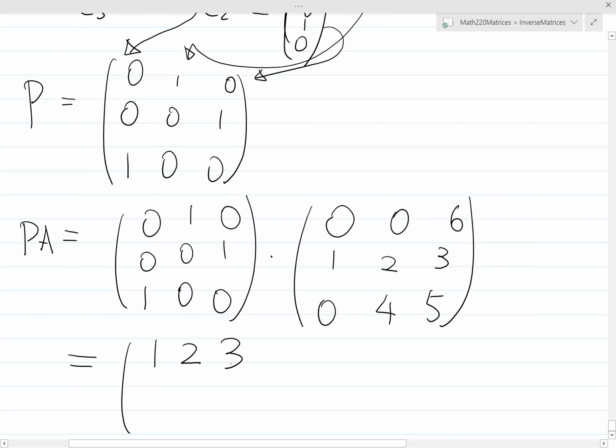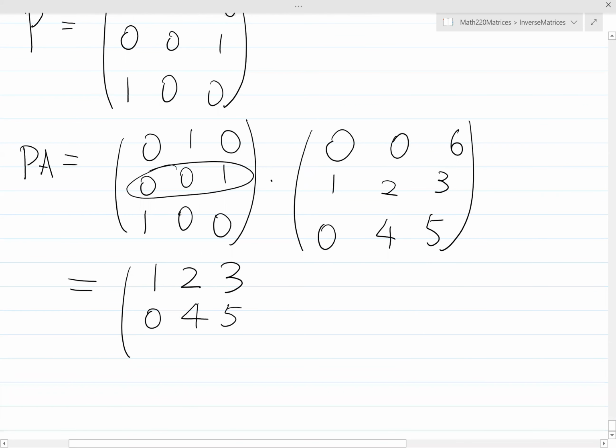Now the second row times the first column, you get a 0. So using the second row, 0, 0, 1, times the first column, you get a 0. Times the second column, you get a 4. Times the third column, you get a 5.